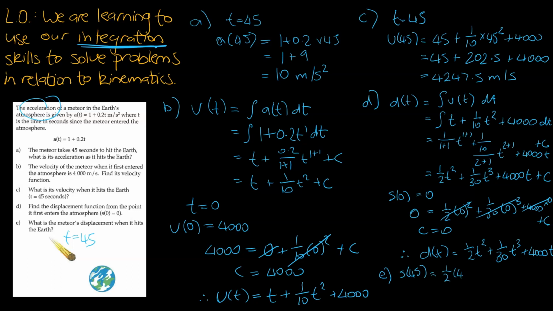So 1/2 of 45 squared plus 1/30 of 45 cubed plus 4,000 times 45. And when we do all of that maths in our calculator, we're going to get 184,050 meters. And if you rounded that, that's approximately 184 kilometers.